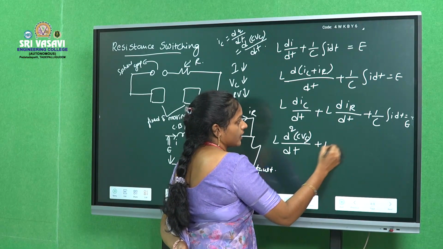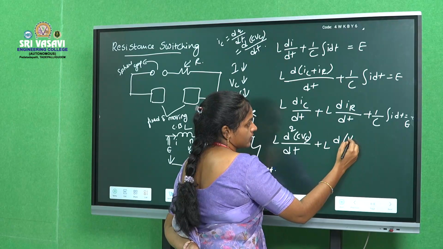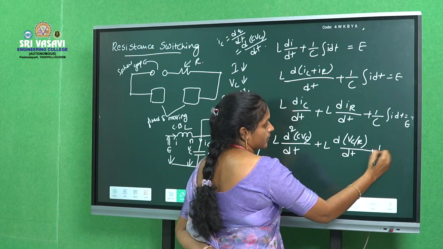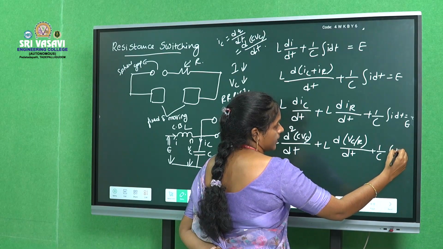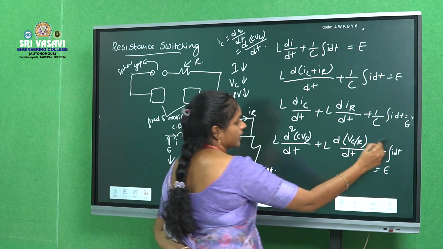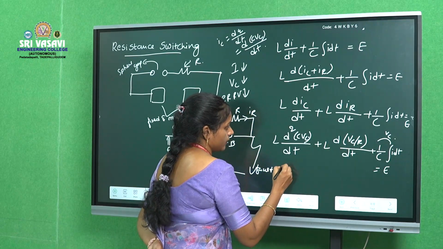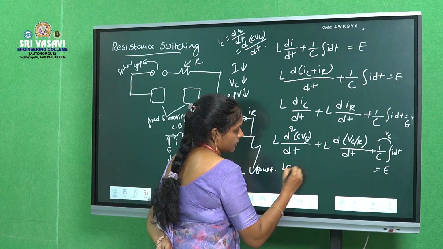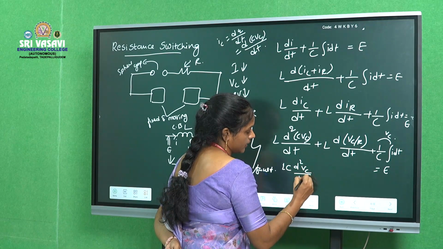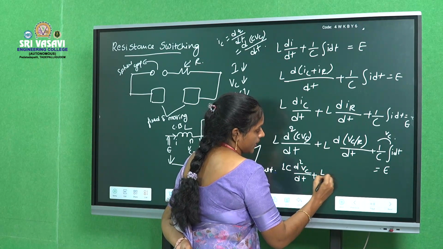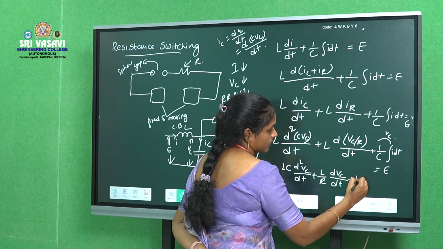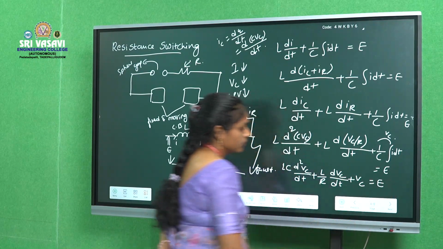Here IR can be written as Vc by R, so L into d(Vc by R) by dt plus 1 by C integral I dt equal to E. Here 1 by C integral I dt again can be written as Vc. So LC d square Vc by dt square plus L by R dVc by dt plus Vc equal to E.